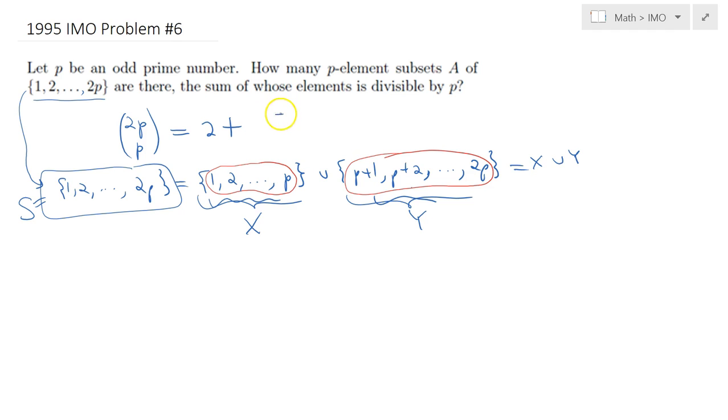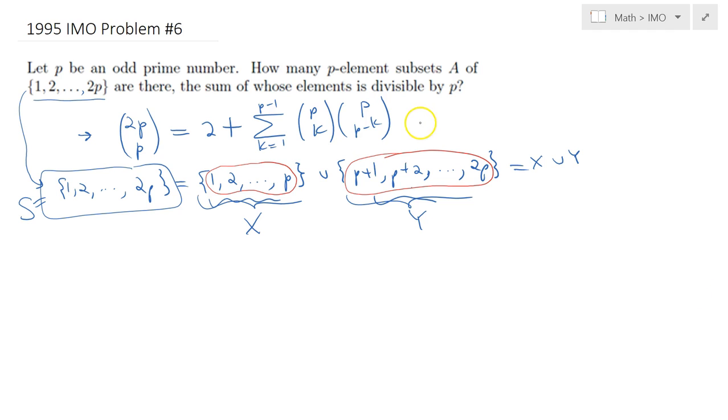So that would be the sum for k from 0 to p of, choose k elements from set x times choose p minus k elements from set y, and that's exactly the count. So we were able to count it in two different ways.